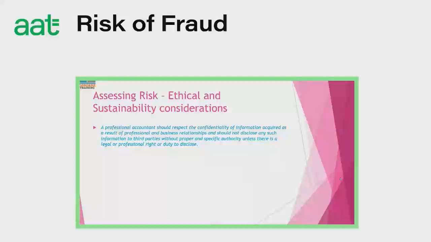This definition is a bit difficult to give without actually giving it away. A professional accountant should respect the confidentiality of information acquired as a result of professional and business relationships and should not disclose any such information to third parties without proper and specific authority, unless there is a legal or professional right or duty to disclose.